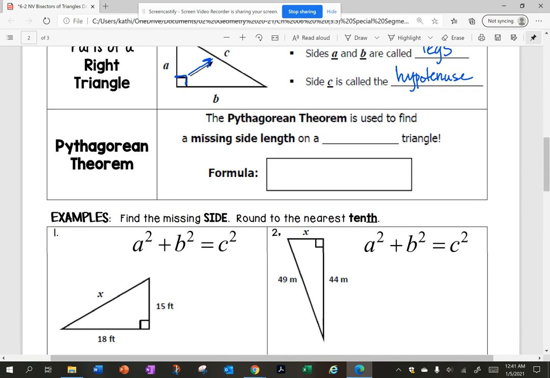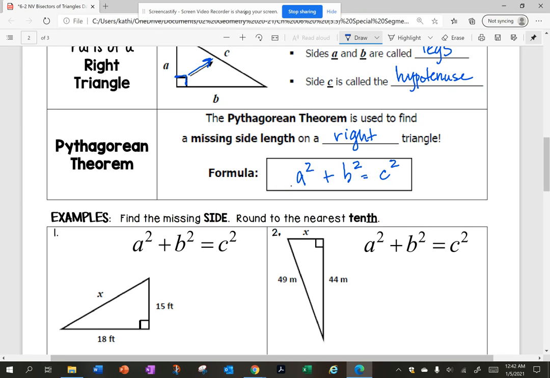Okay, and I use the Pythagorean Theorem when I'm solving for sides in a right triangle. So the formula of the Pythagorean Theorem is a squared plus b squared equals c squared.